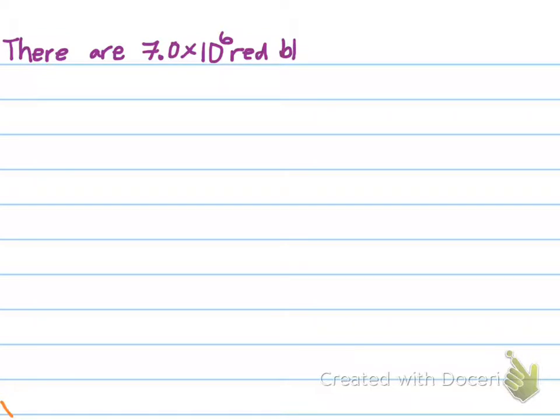Our second problem that we're going to look at is this one. There are 7.0 times 10 to the 6th red blood cells in 1.0 millimeter cubed of blood.